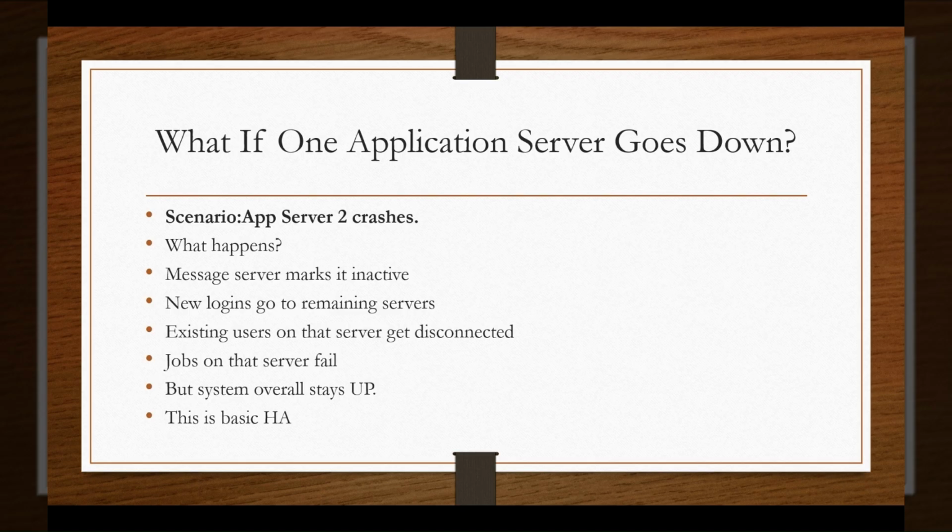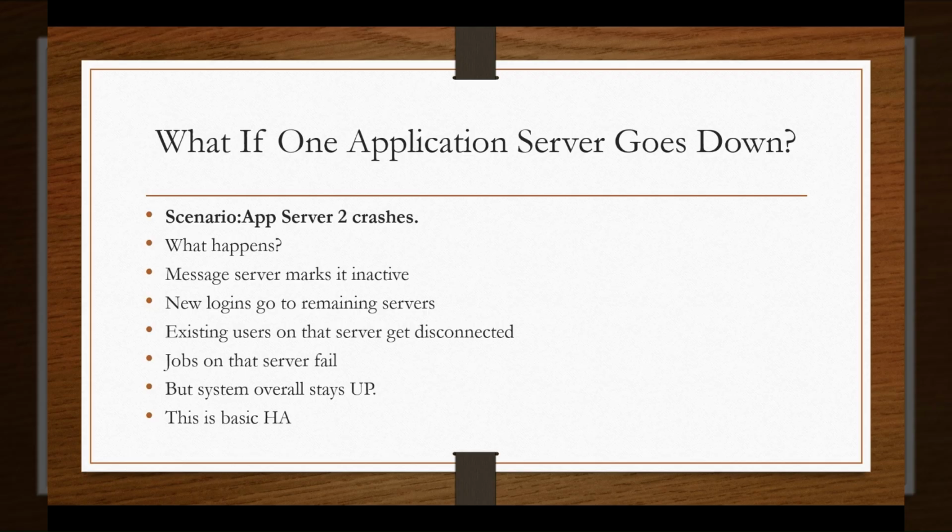If the message server is not working, load balancing will not happen, and the web dispatcher will not get the details about the load inside the system. New logins will go to the remaining servers, but load balancing will be hampered. Existing users may get disconnected, and jobs will fail wherever the lock and unlock mechanism or NQ server is used, but the system will overall be up.